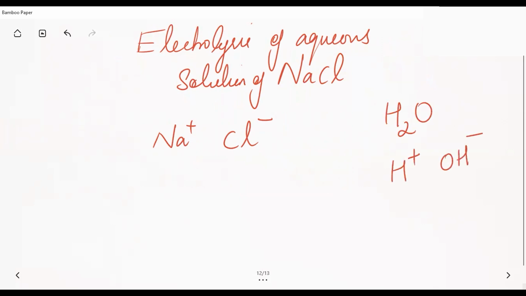And we know that H plus ions are really unstable, so they will combine with one molecule of water and form H3O plus ions. So in the solution, sodium ions will be present, chloride ions will be present, H3O plus ions will be present, and OH minus ions will be present.